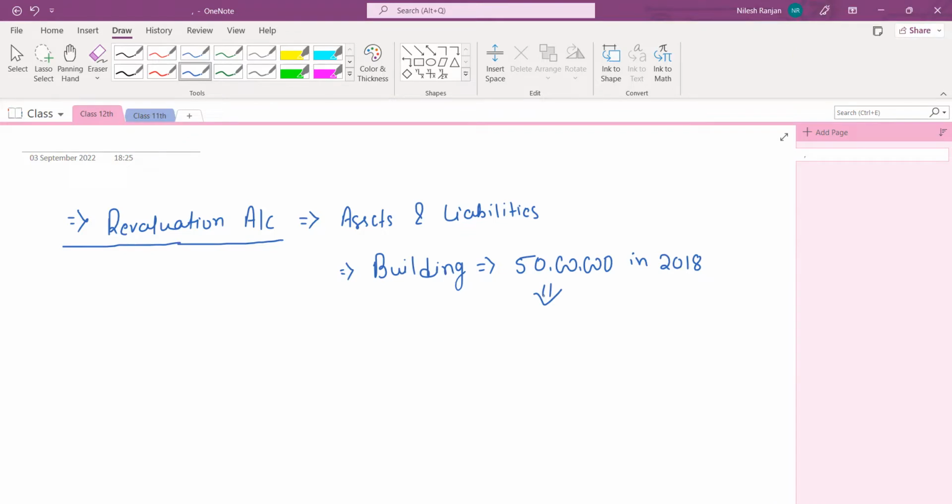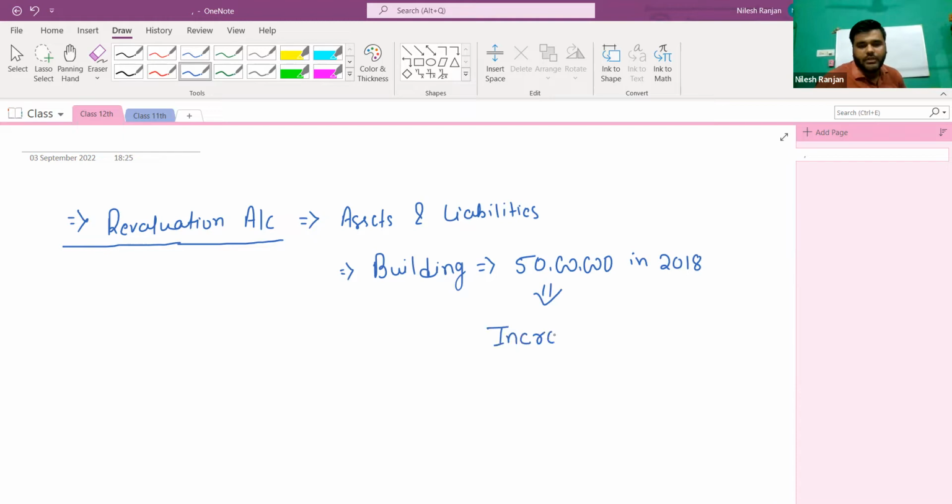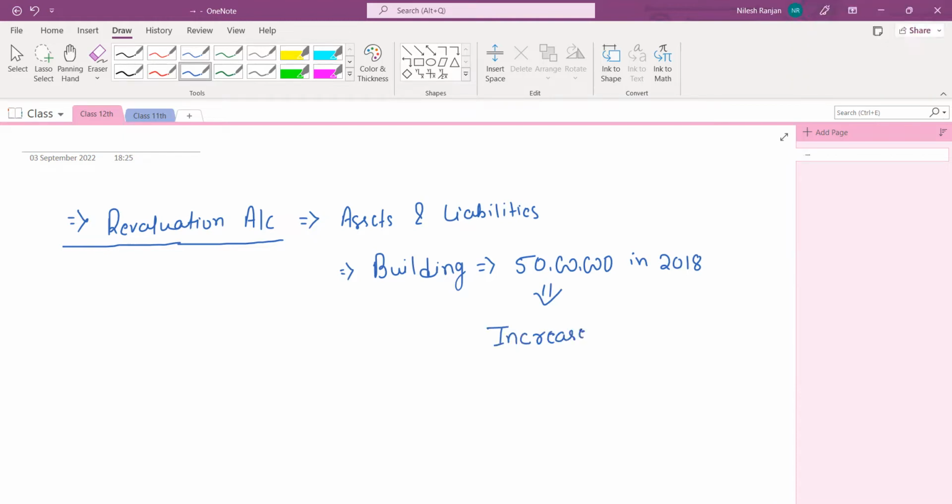Sir, it will change. Good. And most probably it will increase. Sometimes it may increase or sometimes it may decrease, but maximum time it will generally increase because building and land have higher life expectancy. So that's why building and land value generally increases.